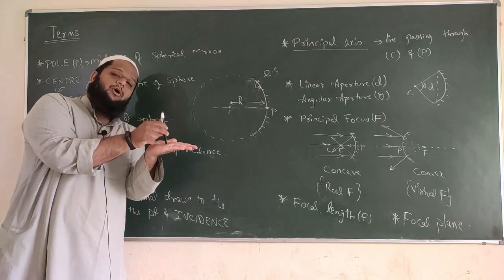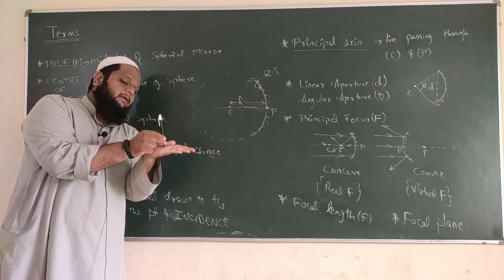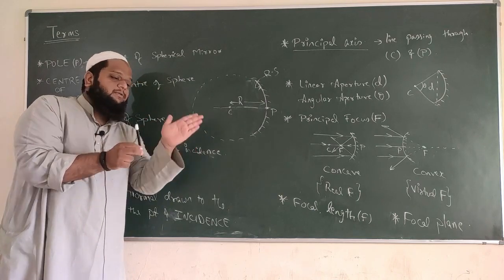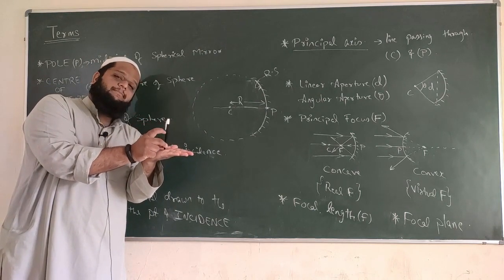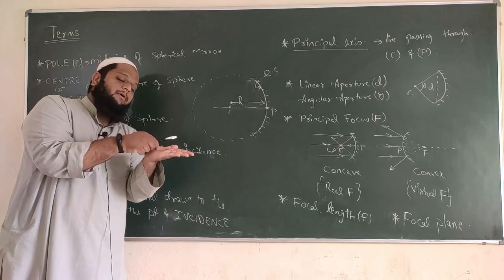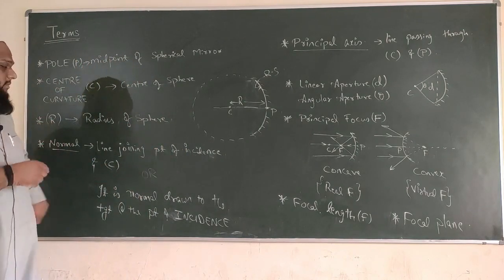Meaning, whenever we say normal in physics, it is a line drawn perpendicular at that particular point. So for this plane, the perpendicular is this, and I can call this black pen the normal to this surface.